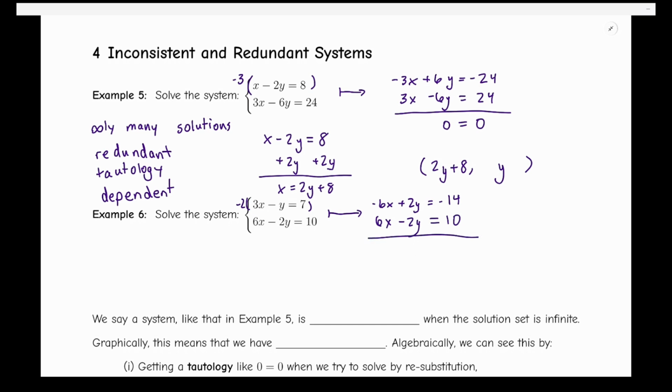Oh, both our variables cancel out again, so we get 0. But on the other hand side of the equation, we get negative 4. So whenever you end up with a number equal to a different number, that means there is no solution. And this is what we call inconsistent.